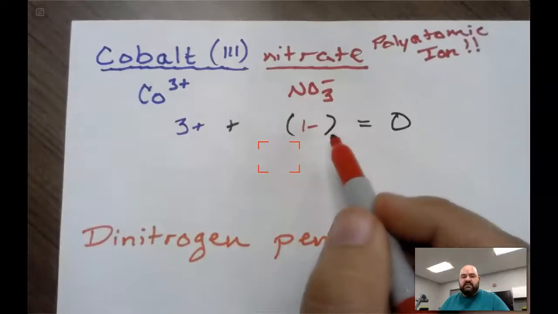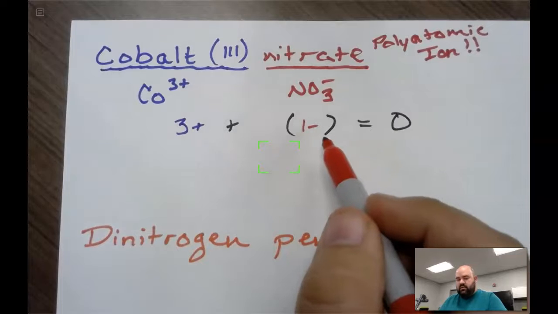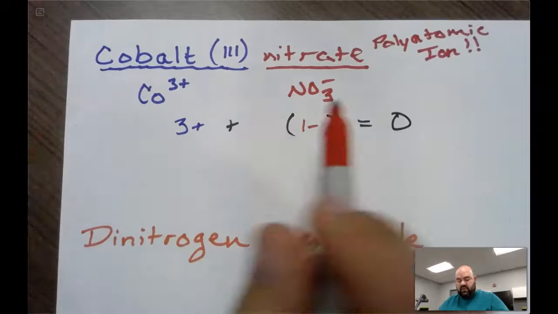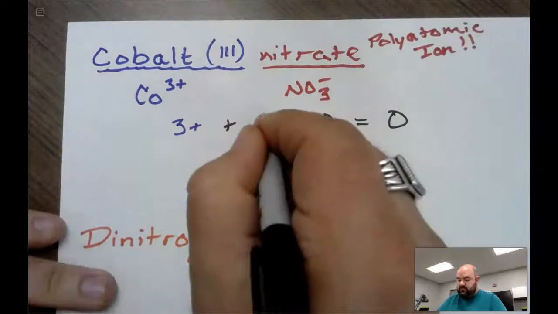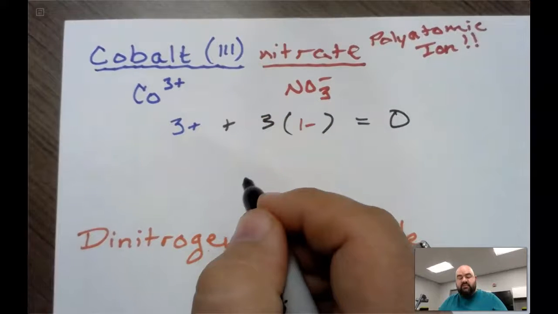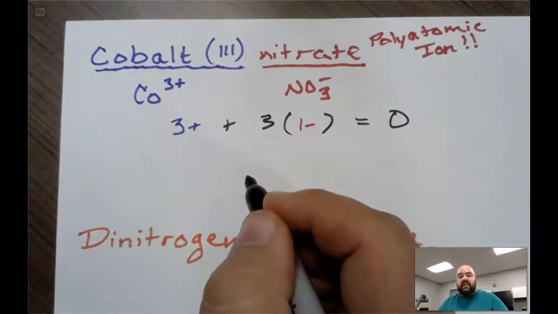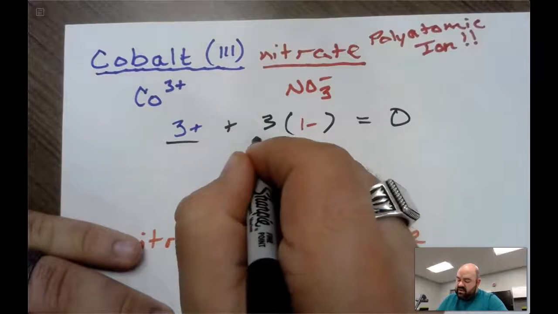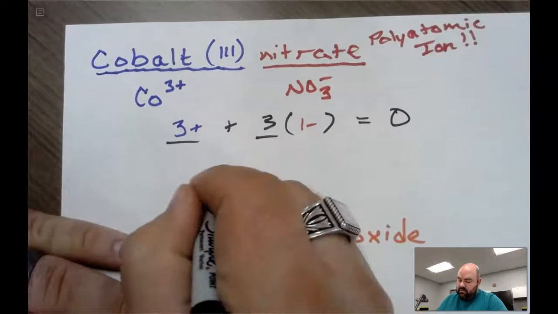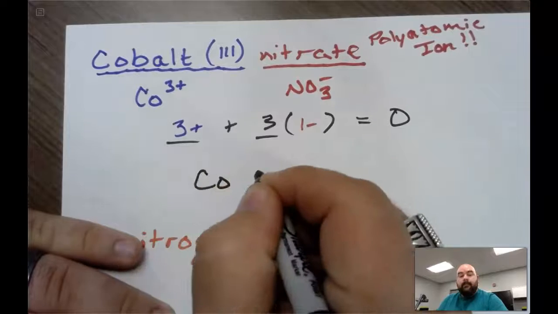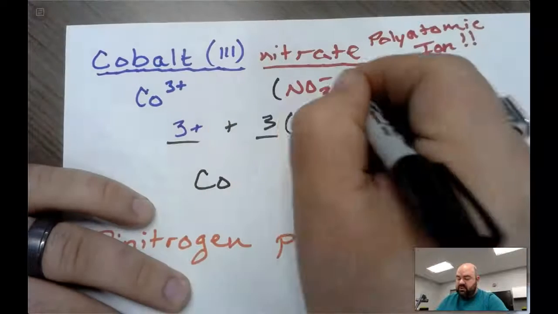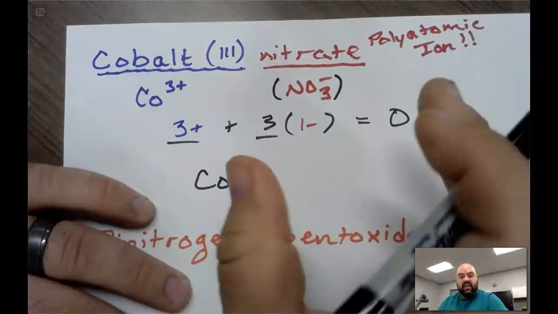Well, in this case, since I'm starting with 3 positive charges, it will take 3 negative charges, or in this case, 3 nitrates. What this means is that I will have 1 cobalt and 3 nitrates. So cobalt, but, and this is key, I have 3 nitrates, 3 whole things.